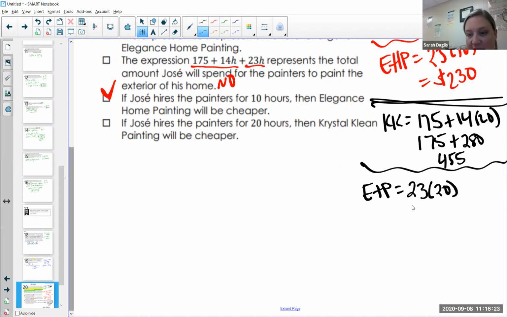They don't charge to come to your house. 23 times 20 is going to be, what is that, 460? Okay. So here, my cheaper option, if I were doing it for 20 hours, is going to be Crystal Clean, and that is what they say is true. So that is correct.